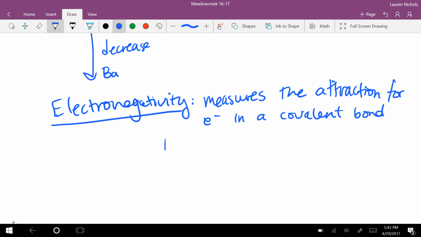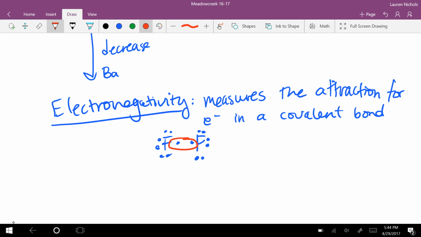So, for example, if I have 2 fluorine atoms, then they're pretty likely to be like, yeah, sure, I'll share those with you because you don't have enough electronegativity for me to just gain it, or to just figure out how to steal it away from you.